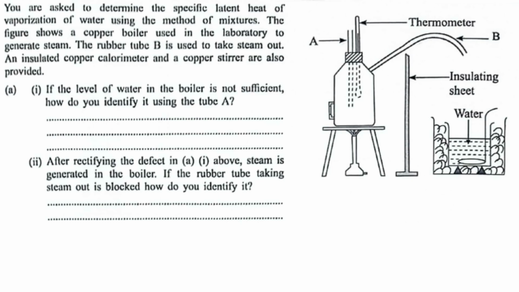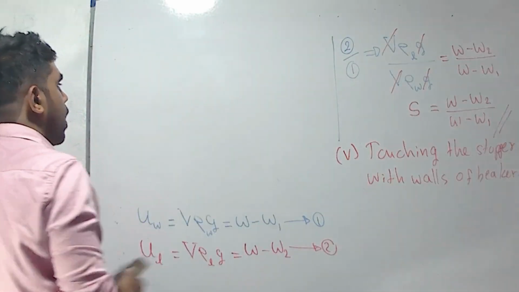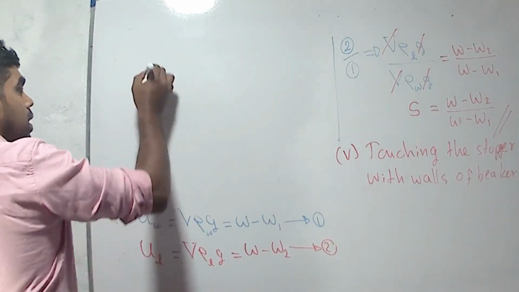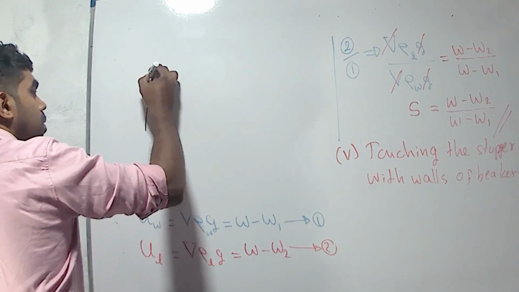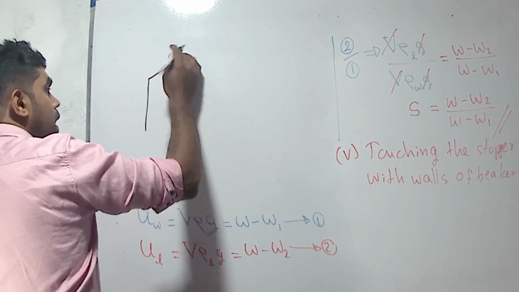Part A1: if the level of water in the boiler is not sufficient, how do you identify it? It is using the tube A. I will draw a rough sketch of the given diagram. Here is the boiler.